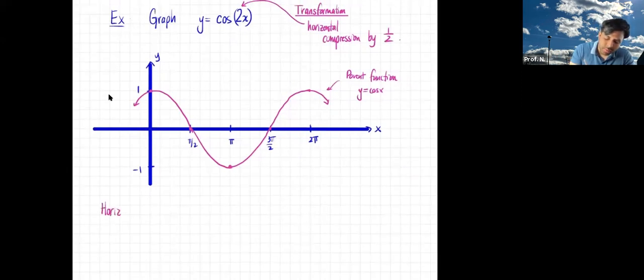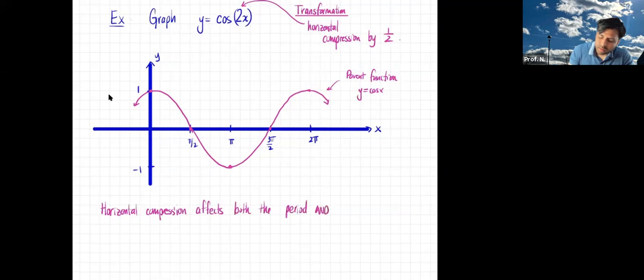The horizontal compression or stretch, but in this case it's compression, affects both the period and frequency.